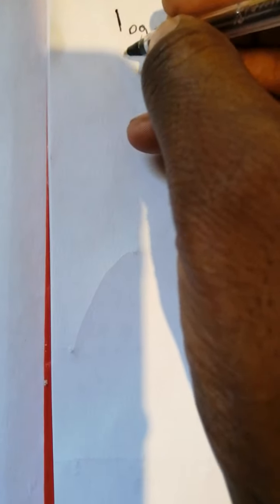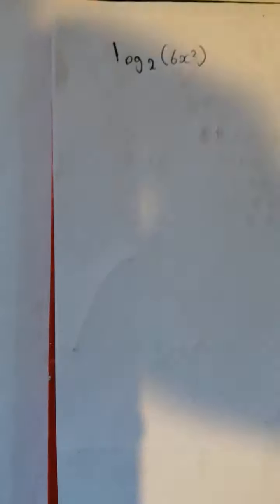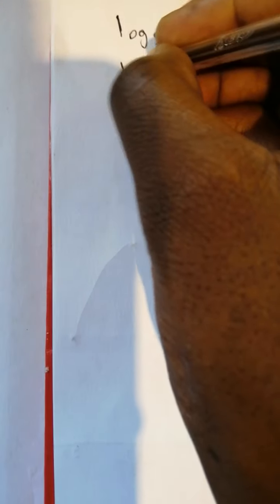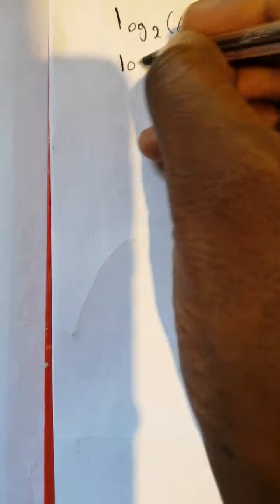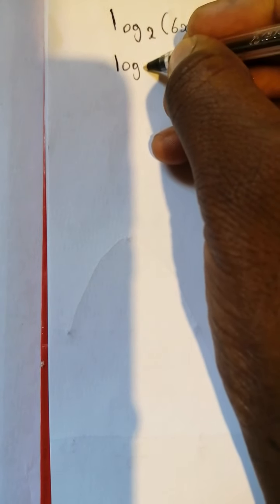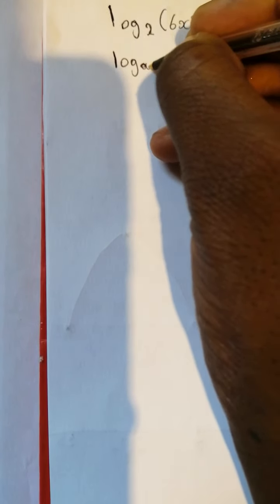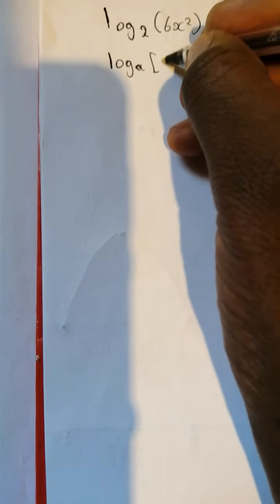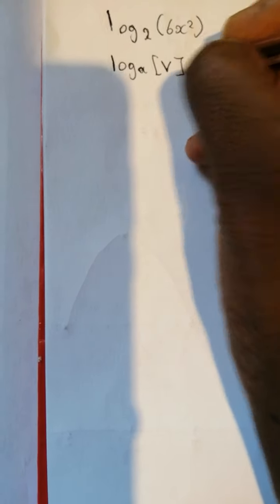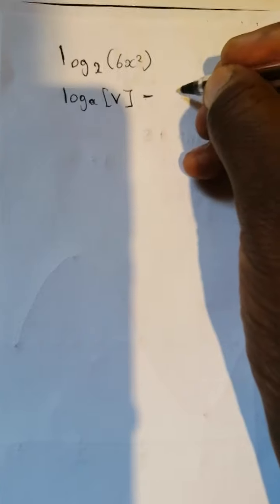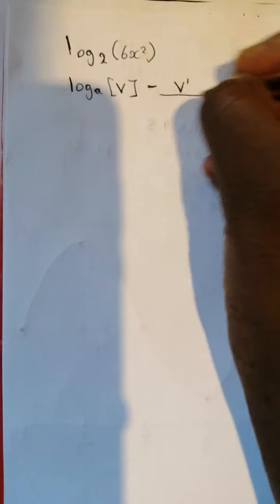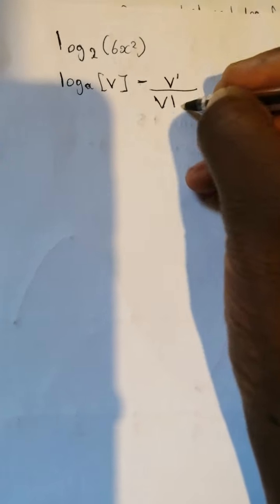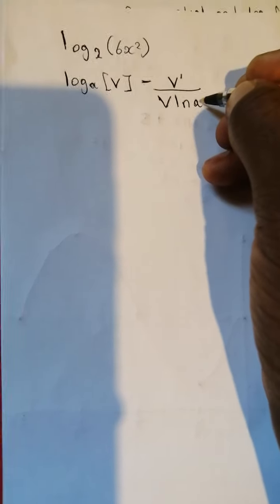First of all, you have to know the formula for finding the derivative of logs. For a log in the form log base a of v, the formula is v prime over v ln a.